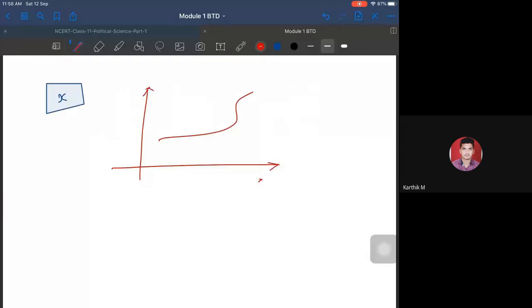This PV plot gives the series of states through which it has passed as time goes on. This is nothing but the path of the system. So a path is nothing but the series of states through which it has passed.